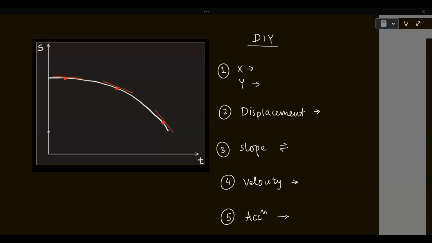Displacement slope is velocity, acceleration is positive. Shrishti and Purva have given the answer. I'm waiting for other people to type in. Type in your answers. Janvi has also answered. Very happy with your progress.